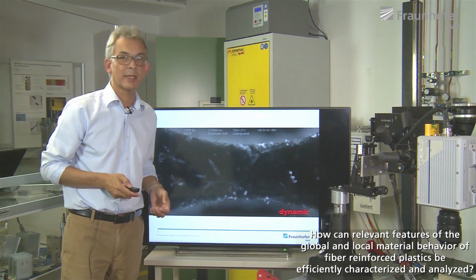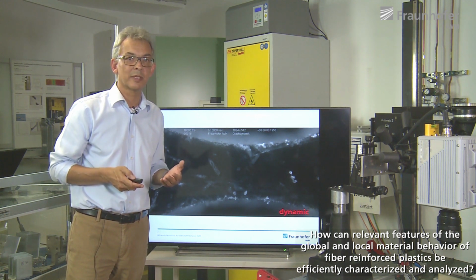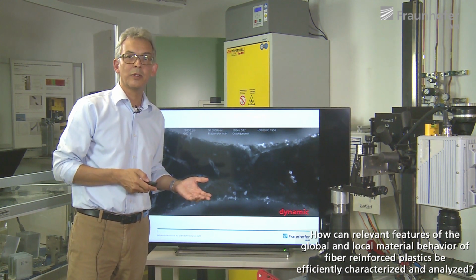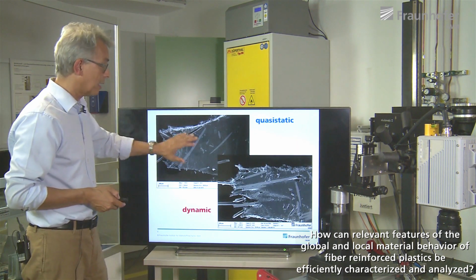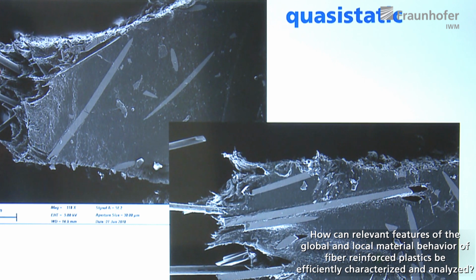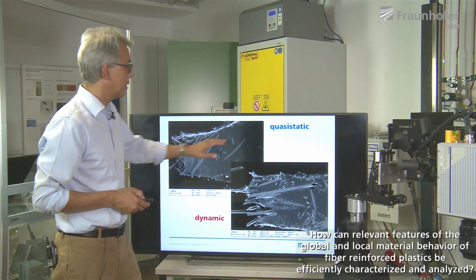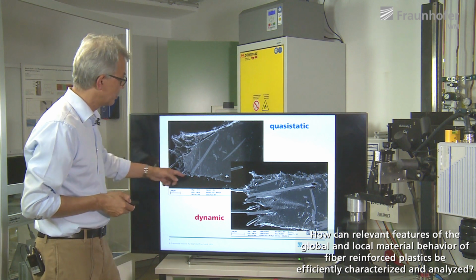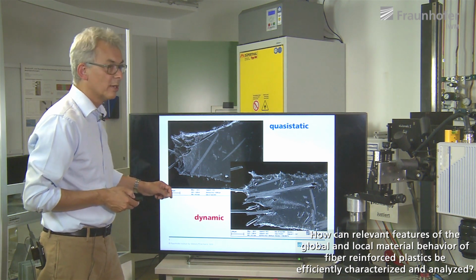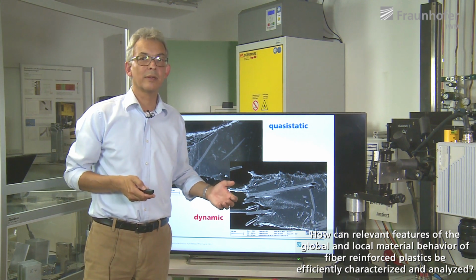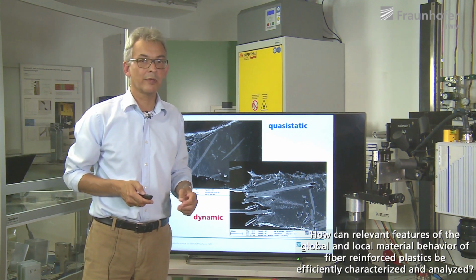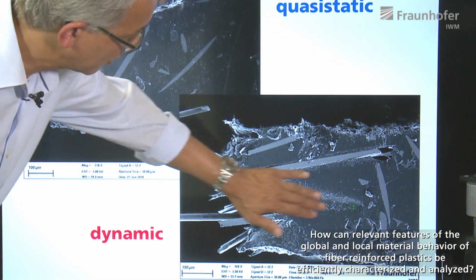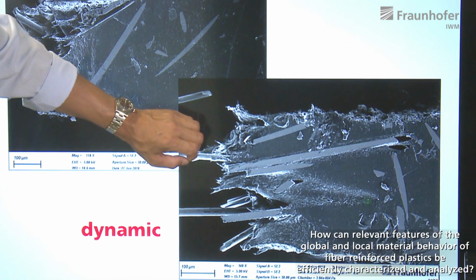So we do a series of tests, for instance, in order to investigate the difference between quasi-static loading and high-velocity loading. And in the next slide, you see the difference between quasi-static and dynamic of a fracture surface at the end of the test. And the expert will see that under quasi-static loading conditions we have smaller deformation areas in the fractured region, which leads to a more brittle deformation behavior, as opposed to what we see in this fracture surface, which has been generated under dynamic conditions.